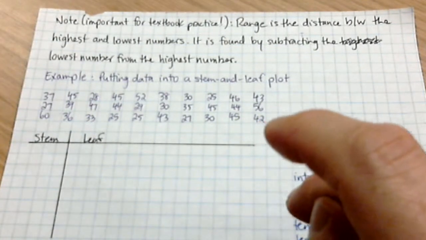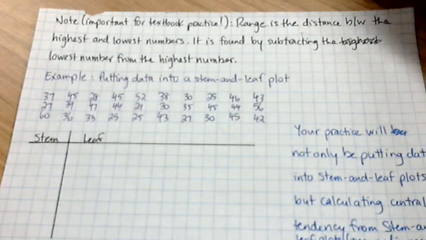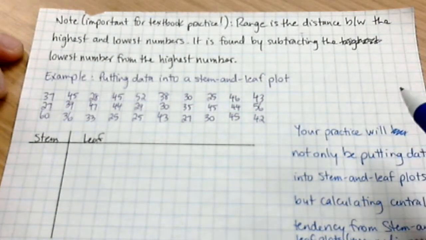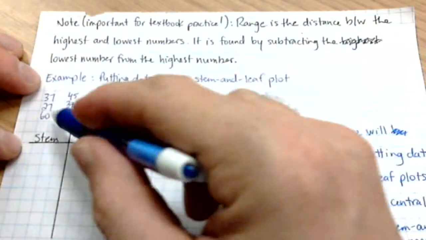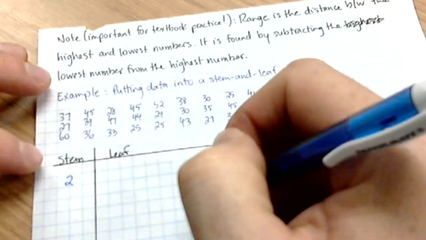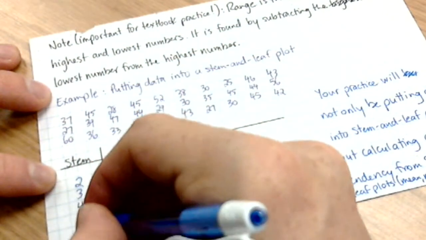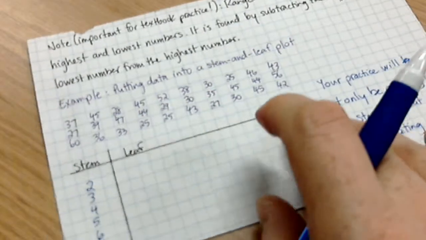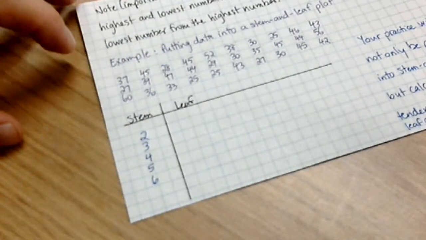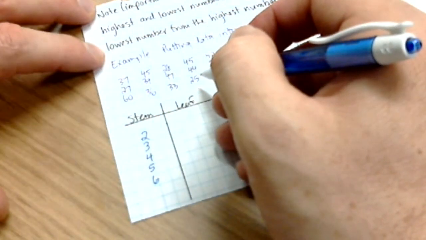So what I have here is I'm going to organize a bunch of data into a stem and leaf plot. Okay? And my set of data here, my numbers don't get any lower than in the 20s, and they don't get any higher than in the 60s. So we got 2, 3, 4, 5, and 6. Okay? So let's just go through, start looking at some of these bits of information.